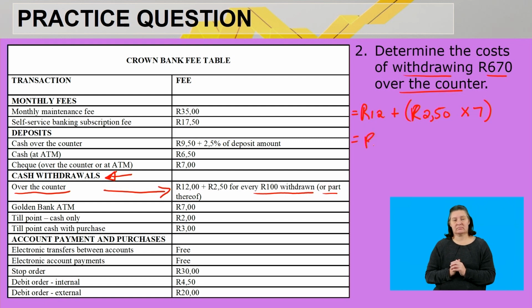I'm first going to simplify the parts in brackets: 2 Rand 50 multiplied by 7 gives me 17 Rand 50 cents. Now I'm going to add the two amounts together: 12 Rand plus 17 Rand 50 gives me a total of 29 Rand and 50 cents.